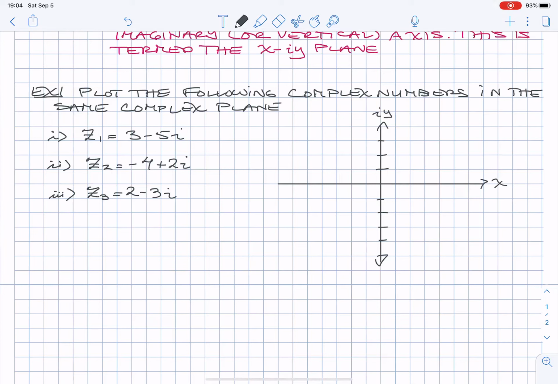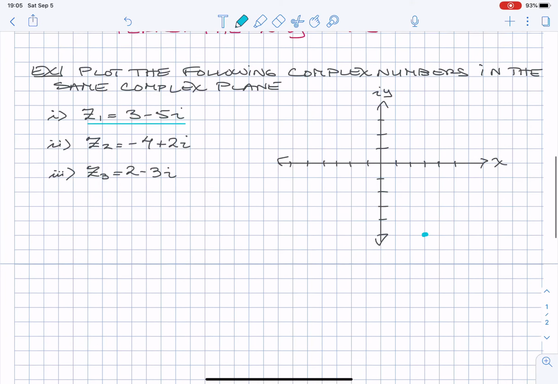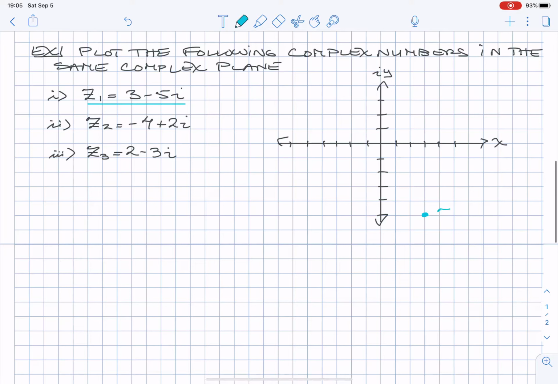So now this becomes the iy axis. 1, 2, 3, 4, 5. 1, 2, 3, 4, 5, 6. Okay, so we have z1, which has a value of 3 on the real axis, so that's horizontal, and a value of negative 5 on the imaginary axis. So this is z sub 1.